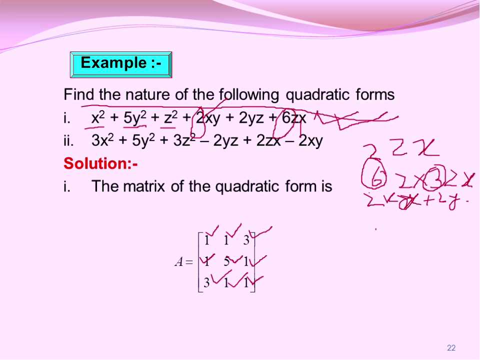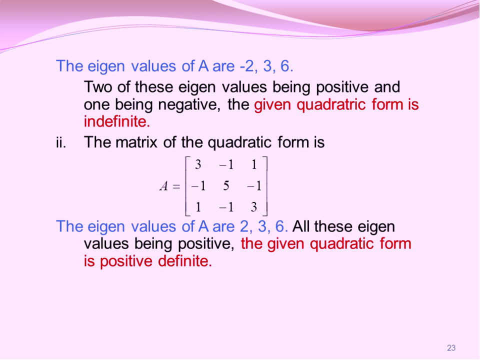Now the question is, what is the nature of the quadratic form? To find the nature, we have to find the eigenvalues. To find the eigenvalues, we start by writing the characteristic equation: determinant of lambda I minus A is equal to 0.